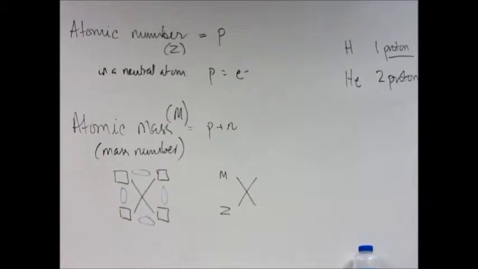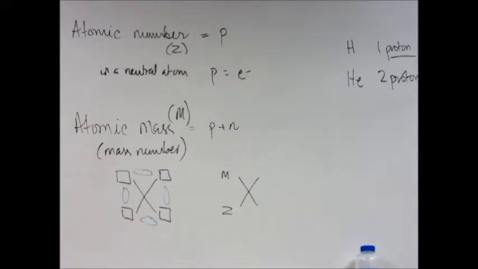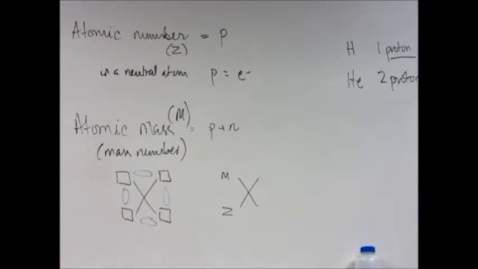If you ever forget which one is which, should the mass number be larger or smaller than the atomic number? Larger, exactly, because it is the addition of protons and neutrons, so it is always going to be larger. So don't think you have to memorize this fact.